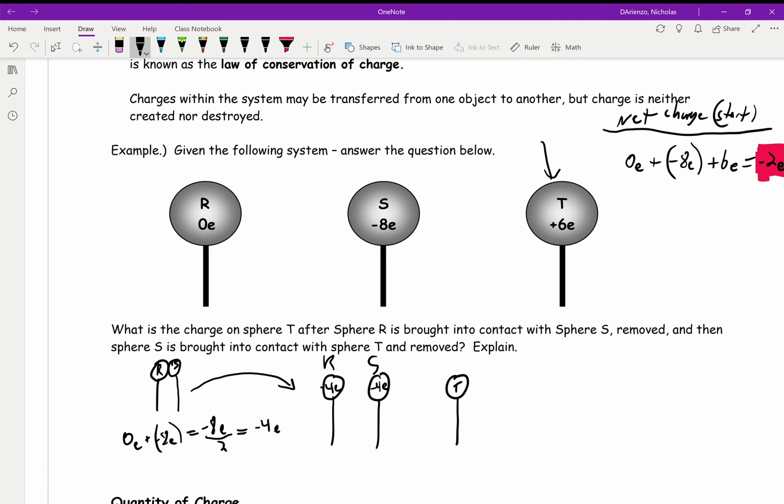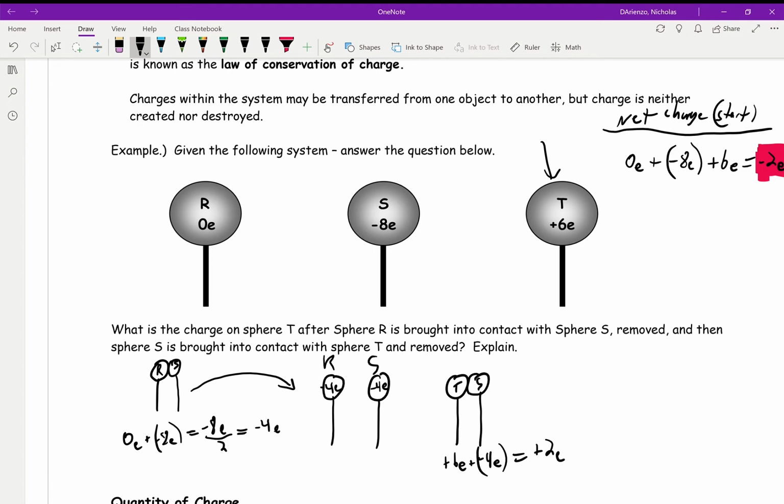And it says that we remove it, and then sphere S is brought into contact with sphere T. We're going to bring this into contact here with sphere S. And what's happening here, we have a charge of +6e on T and a -4e charge on S. This gives us an overall charge of a positive 2e.